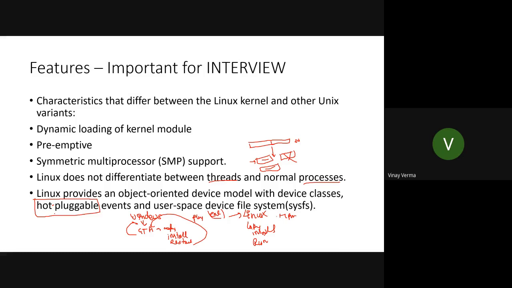It will run from that point onwards without restarting the system, without changing anything, without installing any driver. It will directly run without any restart. But in Windows, if something crashes, you have to restart your system again. So that is the difference, and why Linux has hot pluggable items.